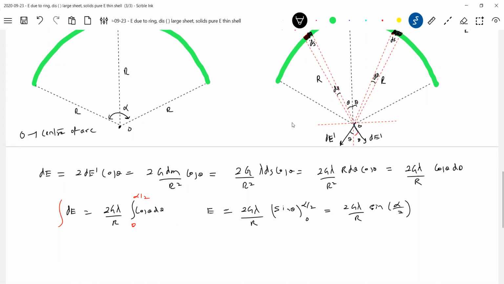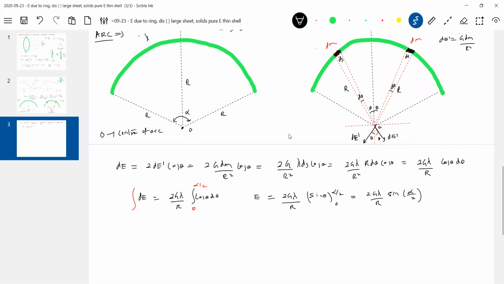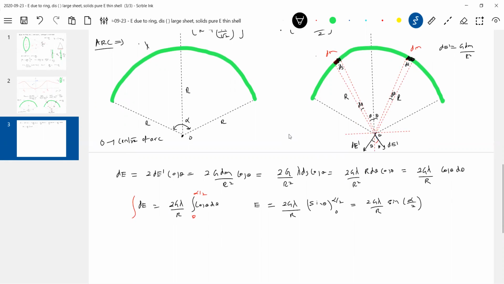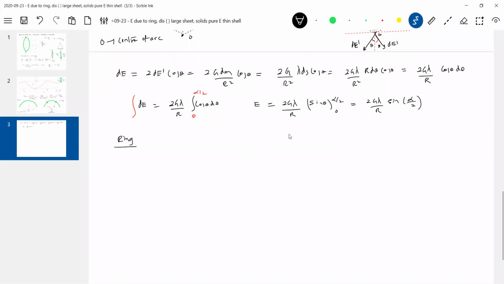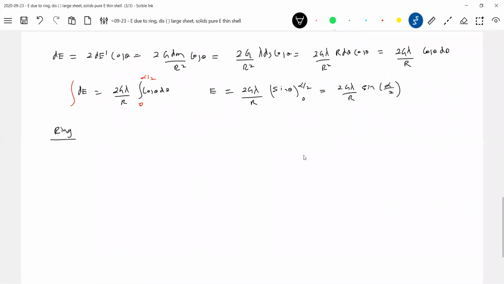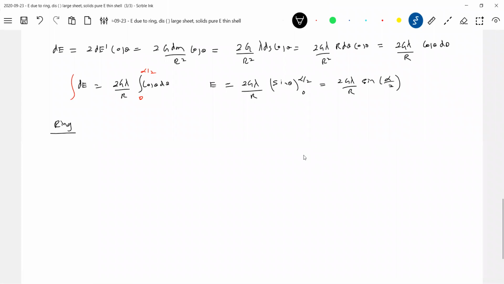So I'll scroll down. Everything is visible. Now, first a complete ring, at the center of the ring. Already we know for a ring, at the center it is 0. So we'll just cross verify with this one.